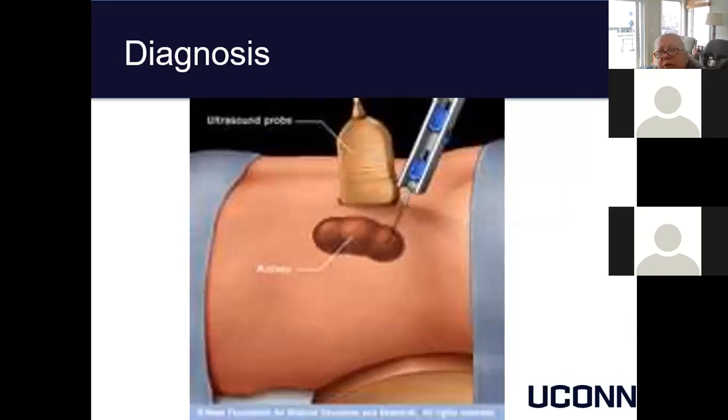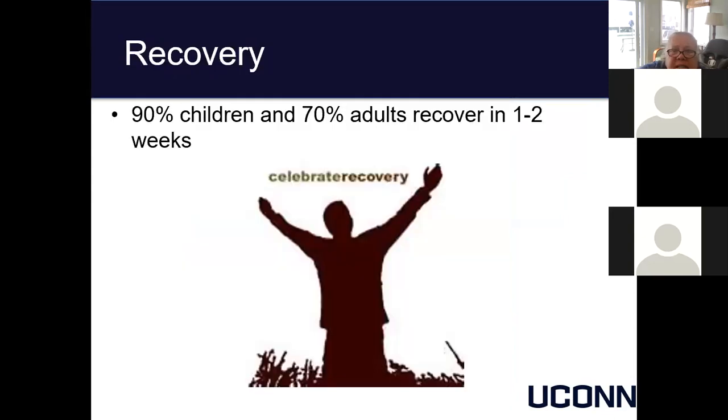They do liver biopsies and or ultrasounds of the kidneys. Again, they're going to see an enlarged kidney, and the good news is once it's recognized and once treatment's initiated, the vast majority of folks do recover.